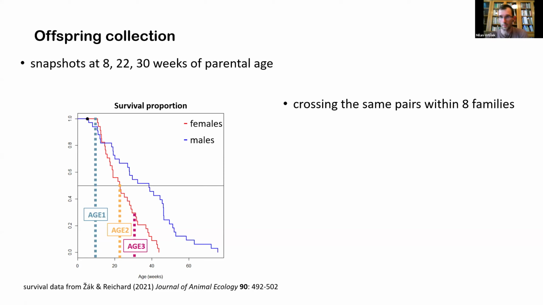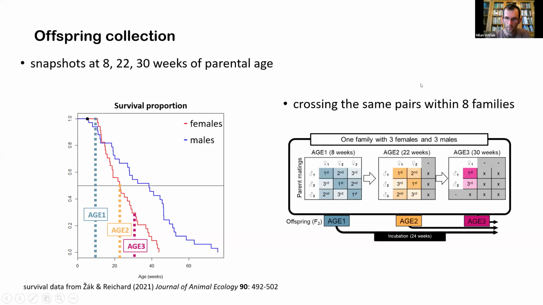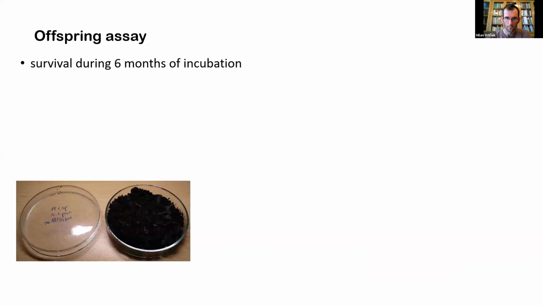We performed a specific crossing scheme within a family. So we bred 3 males and 3 females together within a family, and collected the clutches from these combinations to incubate them for 6 months.